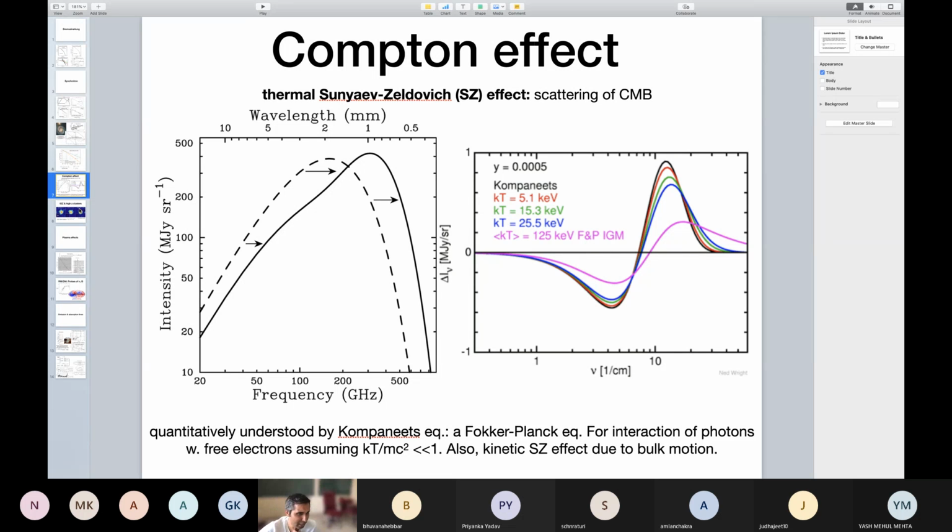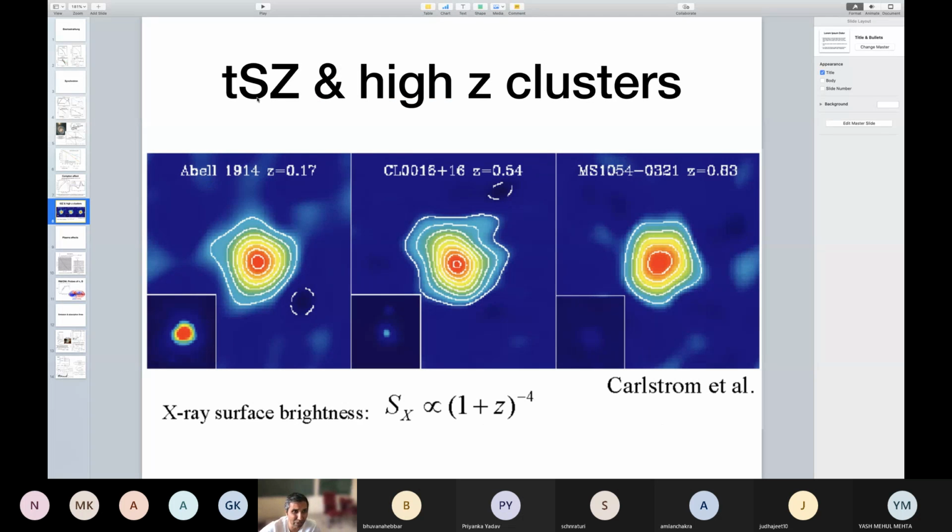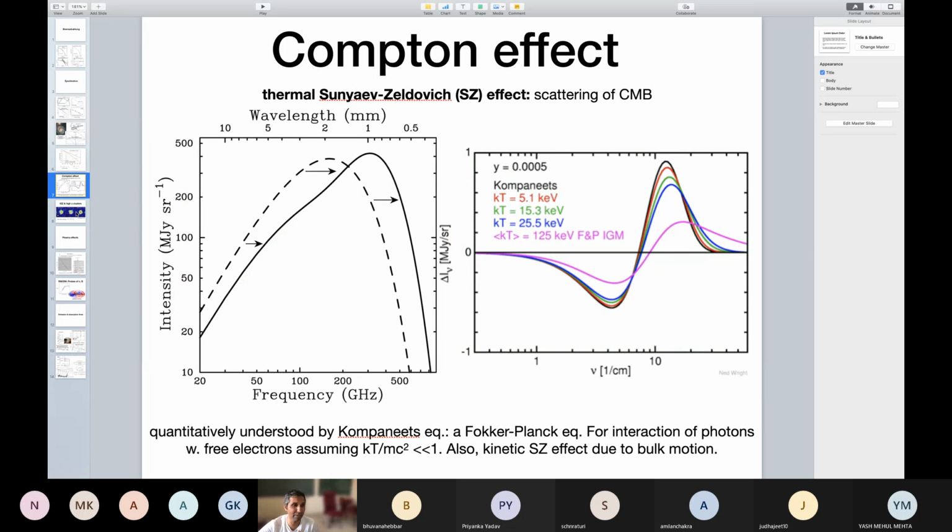So here is how the thermal Sunyaev-Zeldovich effect is used for detecting high redshift clusters. The very important thing about the Sunyaev-Zeldovich effect is that it's a scattering effect, sort of like an absorption effect.